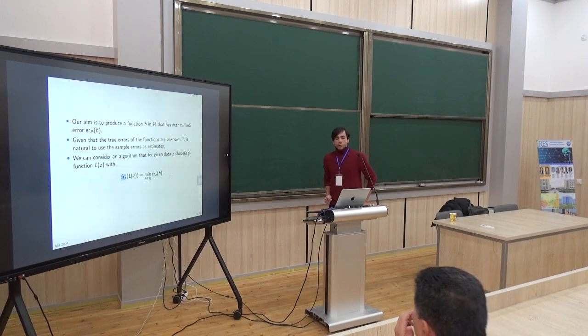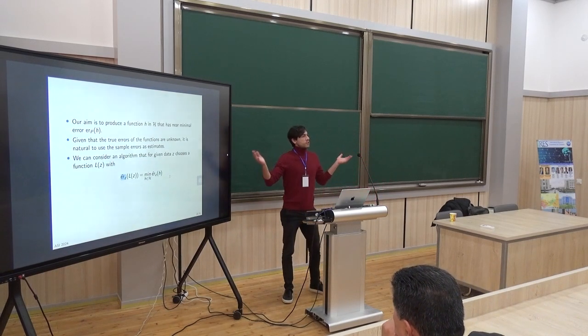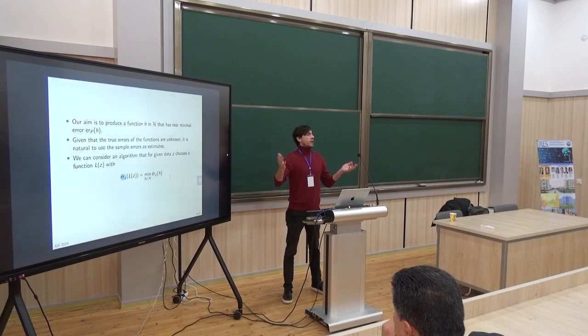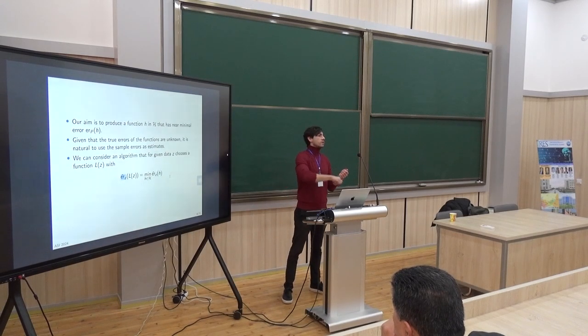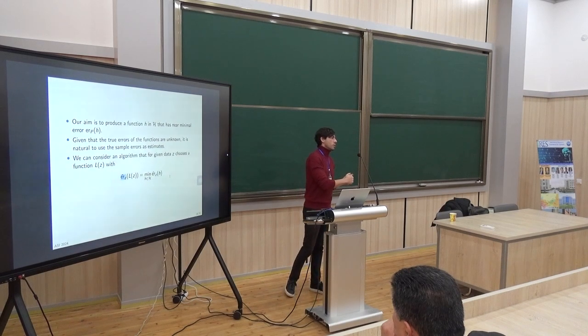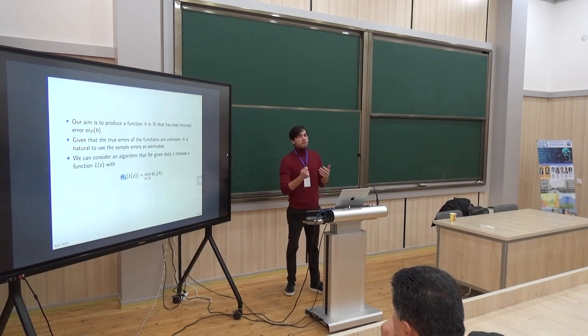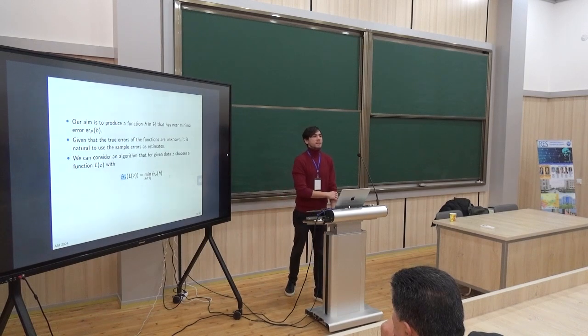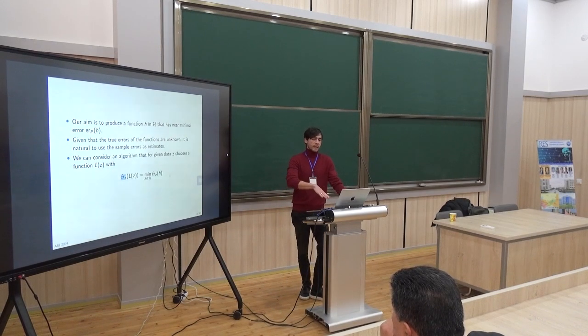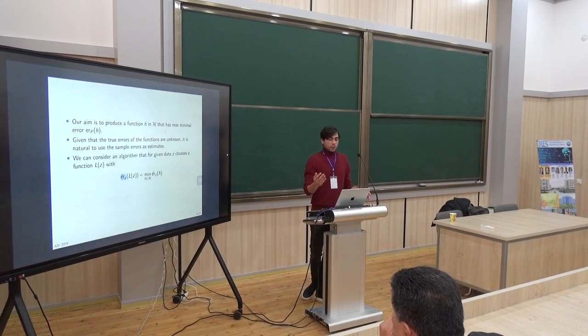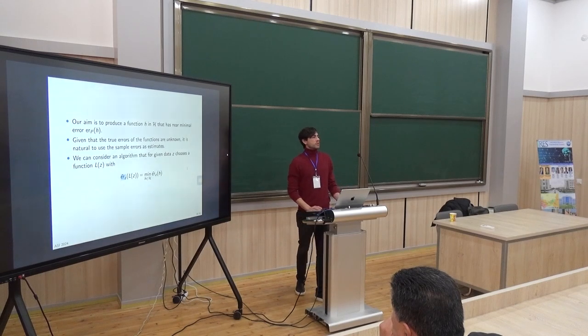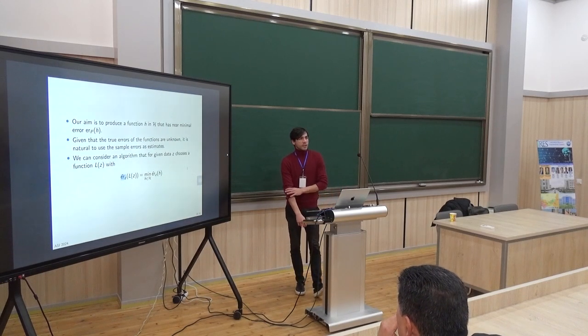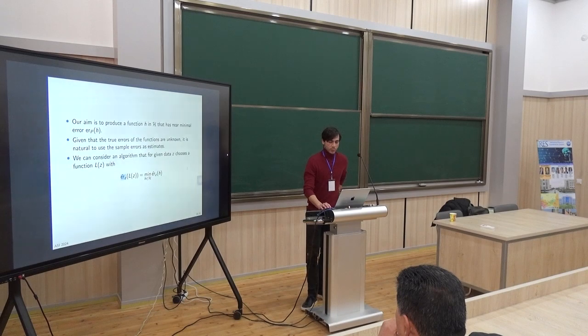In other words, if we fix the class of functions, the neural network, now we're going to pick one of the functions that can be represented by the neural network, such that it attains the lowest possible sample error. Minimize the training error. That's one approach to select a function in the class. Is this a good idea? Yes or no? Of course, we sort of assume that it is a good idea, but we need to be sure.